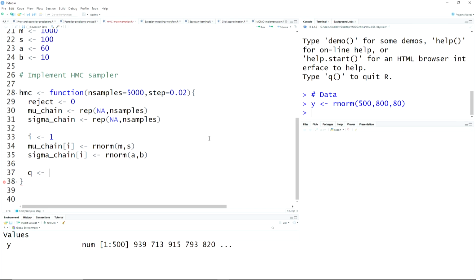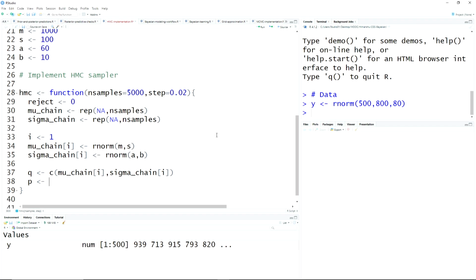It would be a pair of values of mu and sigma that state the current position of the chain, right? So you can write it like this: mu chain i and sigma chain i. So this is the current position.